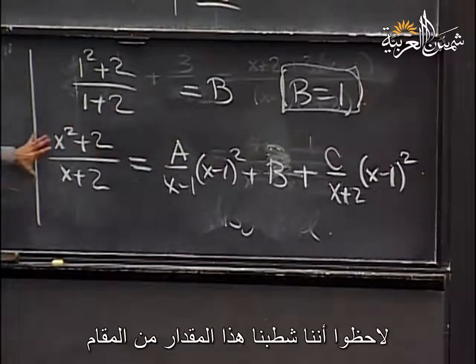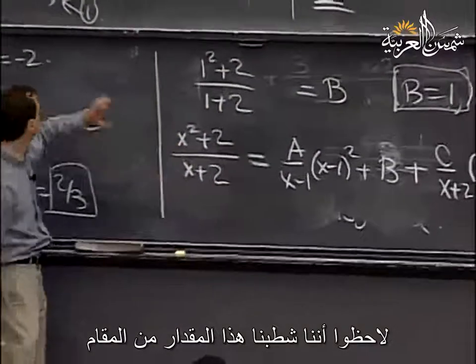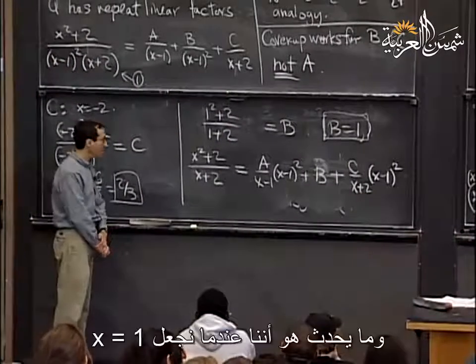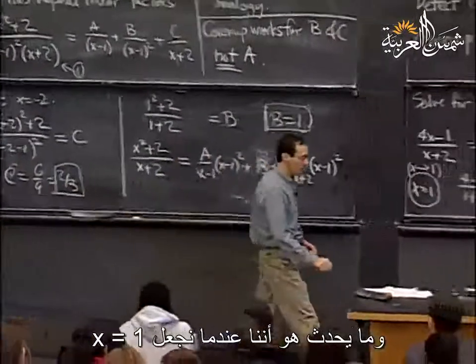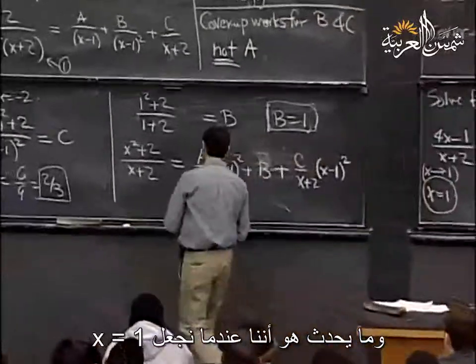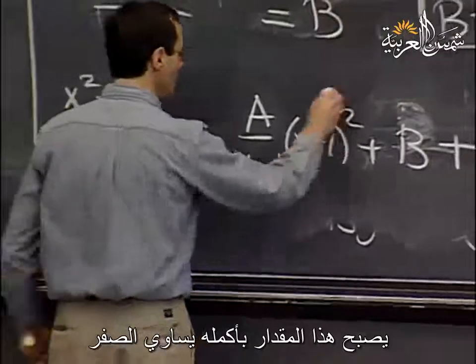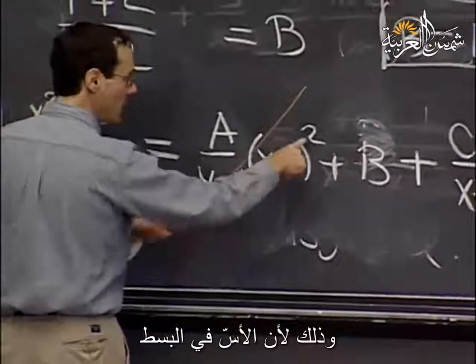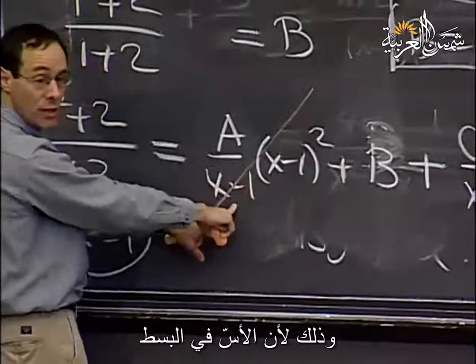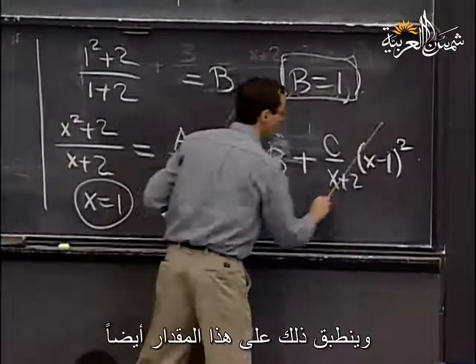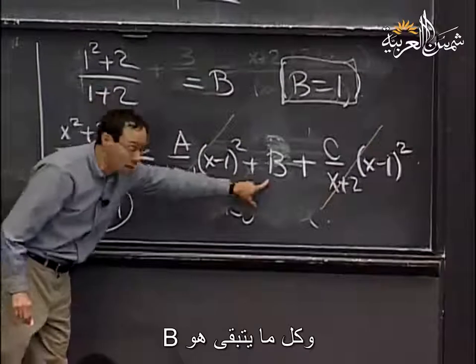Now notice, again, I cleared out this term from the denominator and sent it over to the other side. Now what's happening is that when I set x equals 1 here, this term is dying. This term is going away because there's more powers in the numerator than in the denominator. This is still 0. And this one is gone also. So all that's left is b.